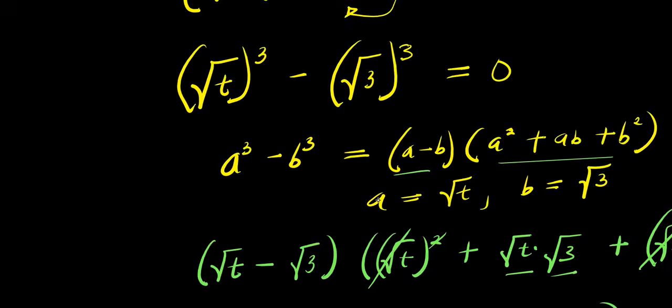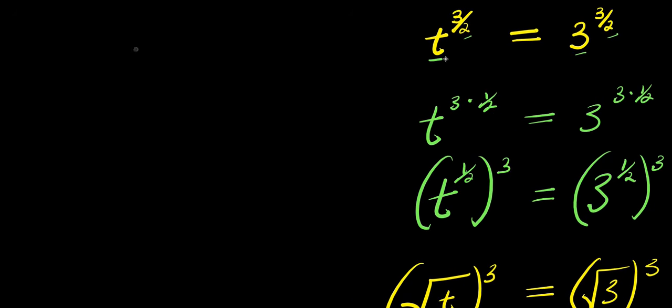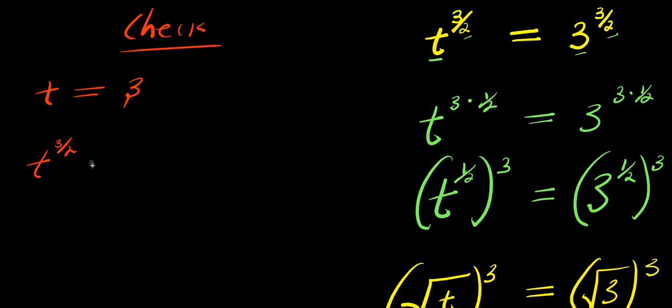So if you insert this particular value for t, you notice that the equation will be satisfied. You have checked, and our t here is 3, that is the real solution. So t power 3 over 2 equals 3 power 3 over 2.